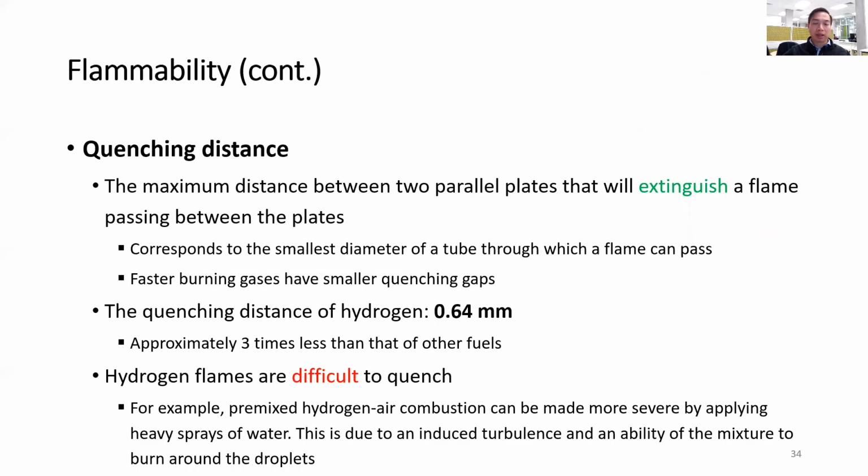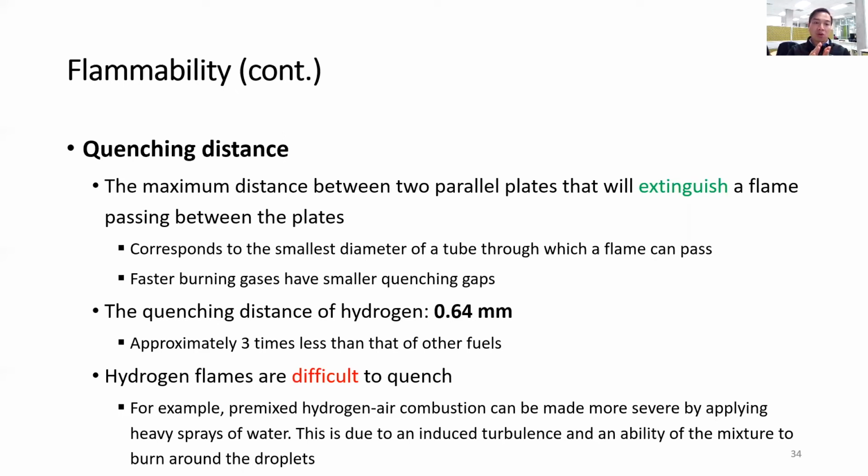So yeah, in the next couple of slides, it's going to be very technical, with properties related to hydrogen flammability. The one I'm showing on this slide is the quenching distance. This is the maximum distance between two parallel plates at which a flame passing through would be extinguished.